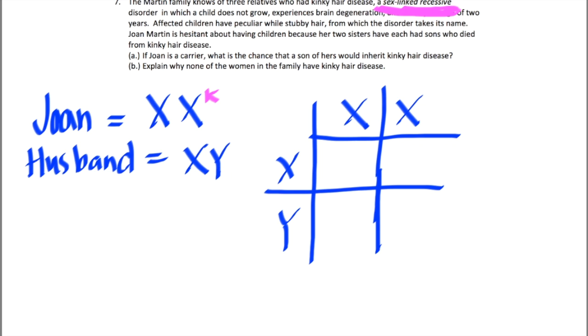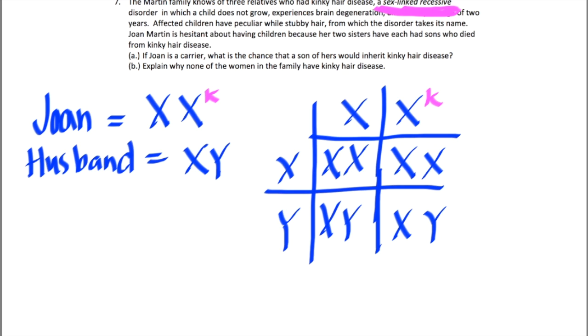And here's that trait. So when you go through to do this test cross, here's XX. These are completely normal, right? Everyone in this category, so this daughter, okay, here's the situation.